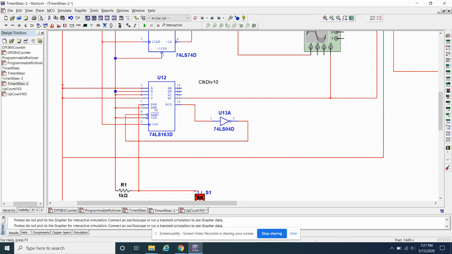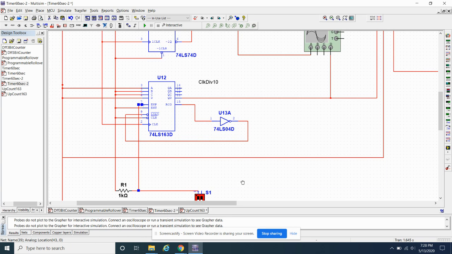So if it's a 0, it's not going to count. If it's a 1, it will count. So my ENT, I tie this one to VCC right off the top. So it's always VCC here. But this one, the ENP, will also stop this counter. It won't allow it to go forward, won't allow it to count as long as it's a 0. Well, if it's a 1, it will allow it to count.